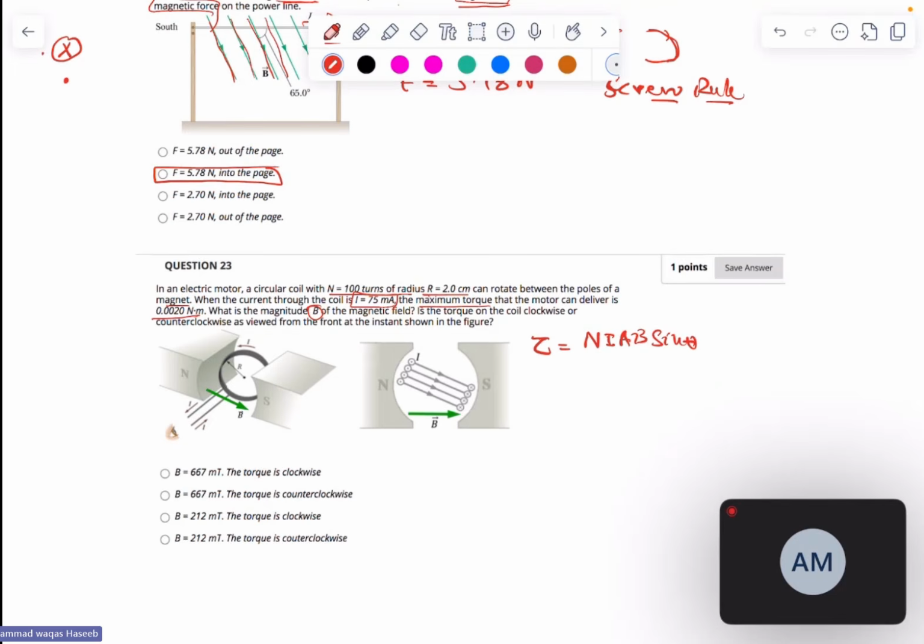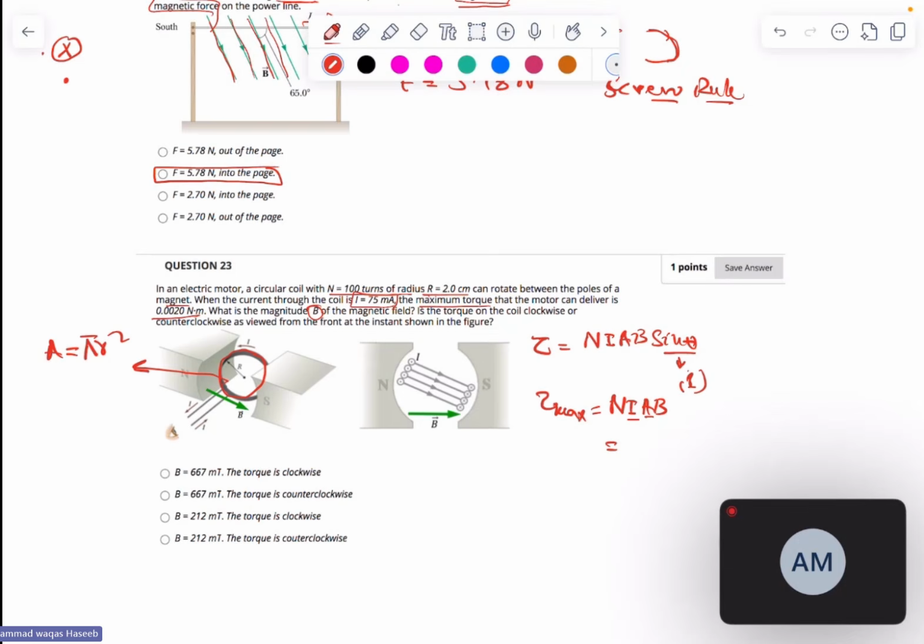For the maximum torque, sine theta is for 90 degrees, so it will be 1. So the maximum torque will be N I A B, where N is the number of turns, I is the current, and A is the area of the circle, which is pi r squared.